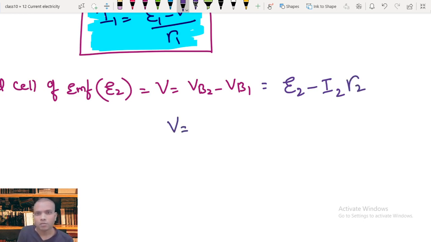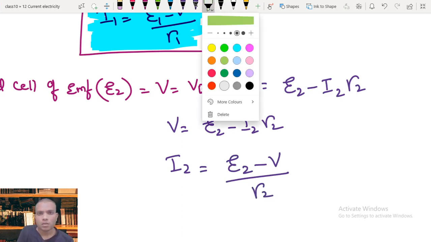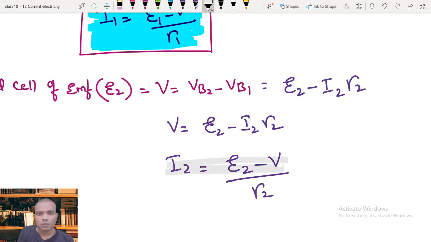Therefore V equals E2 minus I2 times R2. Now write the expression for current I2 equals (E2 minus V) upon R2. This is the amount of current flowing through the second cell, I2.